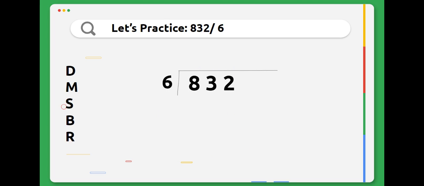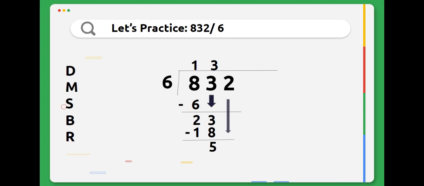All right, let's practice this one again. Can 6 go into 8? Yes, it can. Just one time. So 1 times 6 is 6. Subtract. It gives me 2. I'm going to bring down the 3. 6 goes into 23 3 times, because 3 times 6 is 18. I'm going to subtract. That's going to give me 5.